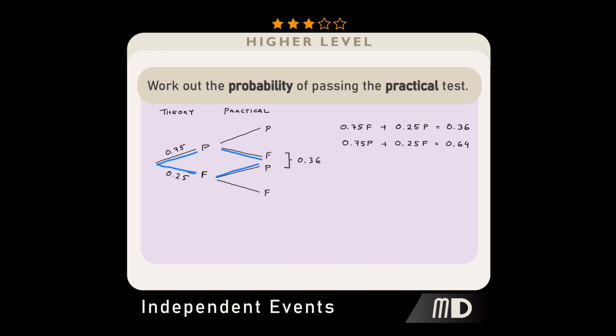These equations can be solved simultaneously using elimination. By multiplying the first equation by 3, we get 2.25f plus 0.75p equal to 1.08.